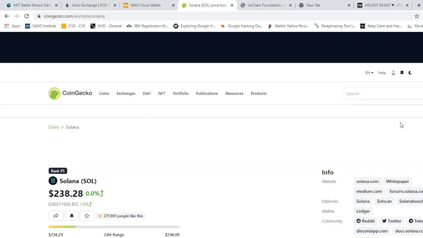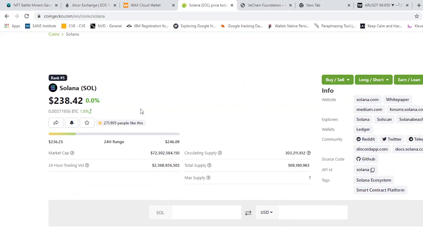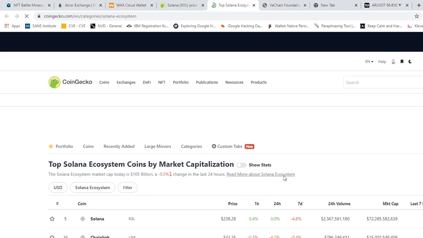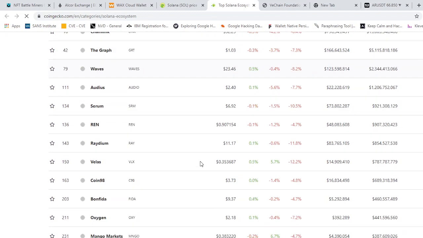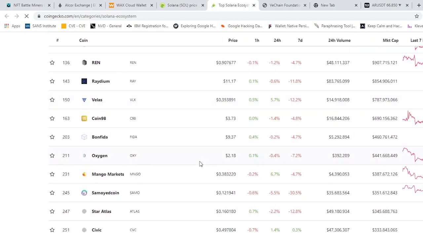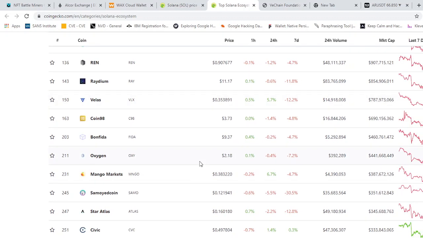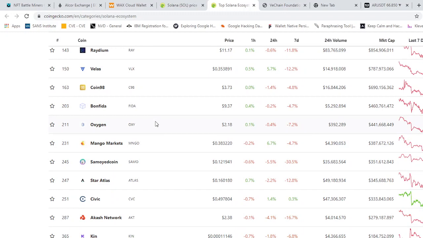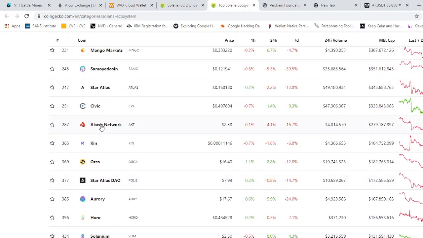So you can look at the projects that are on the ecosystem, same place. You go right here, and you see it says Solana ecosystem right down here. You click on that, and it shows you all the projects that are on the Solana ecosystem. All these projects, you click on them, and you see what they are.